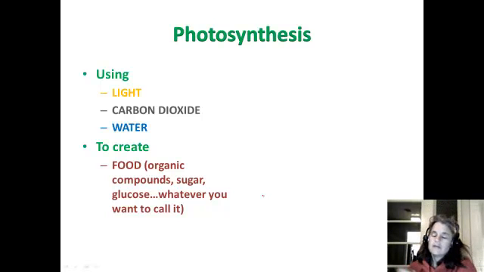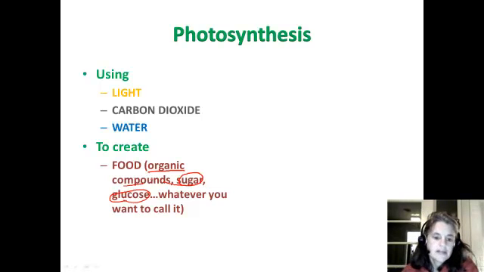Okay, and we are going to use the term food interchangeably with these other terms: organic compounds, sugar, we'll use that term a lot, glucose, which is the specific sugar that is created as part of the process of photosynthesis. All these terms are interchangeable with the term food.